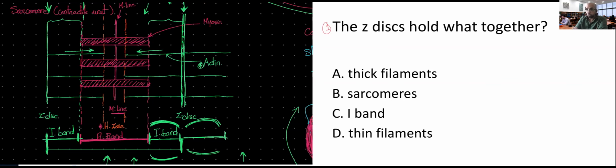They are just at the connection between the successive sarcomeres, but actually they are holding together the thin filaments. All right, so the good answer here was going to be D.